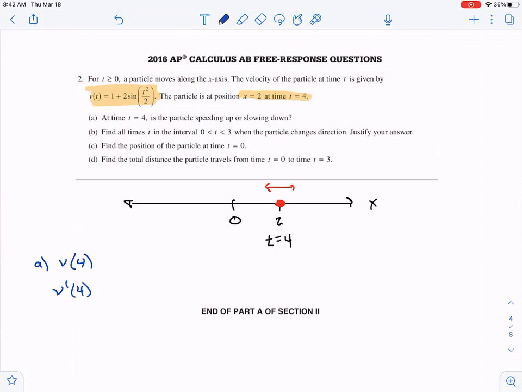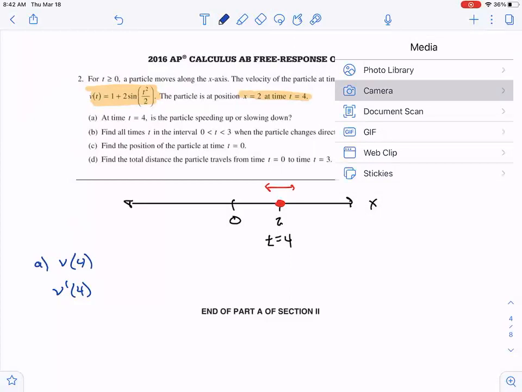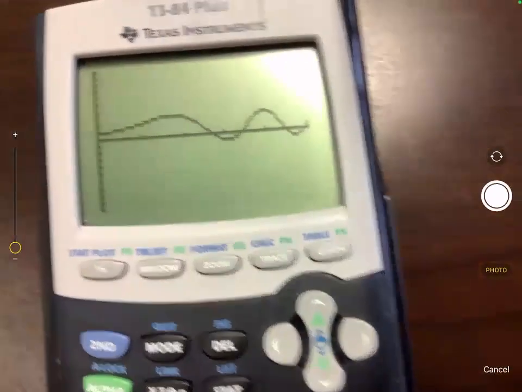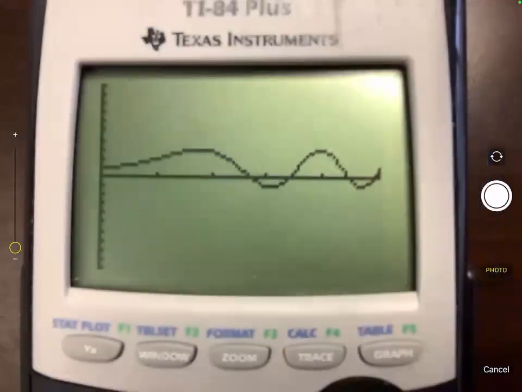So I'm just going to do a quick window setting. My x-min, I'll set at 0, x-max is 5, and I'm going to see what I'm looking at.